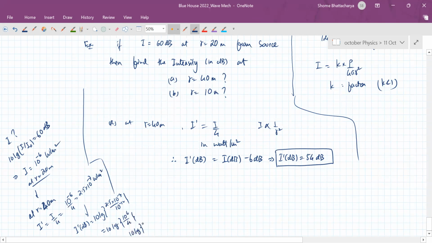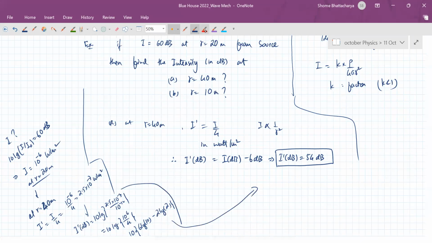Ten log, and so it has 10 into 6 log 10 minus 2 log 2. After doing all this calculation, you can come to this.